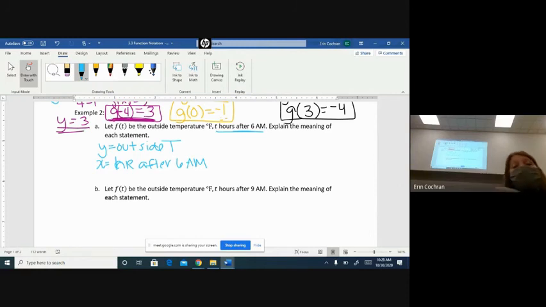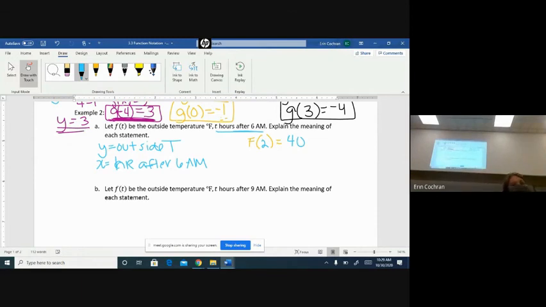Okay, so now what does F of 2 equals, let's see, what's the temp outside right now? 40. What does f of 2 equals 40 mean?